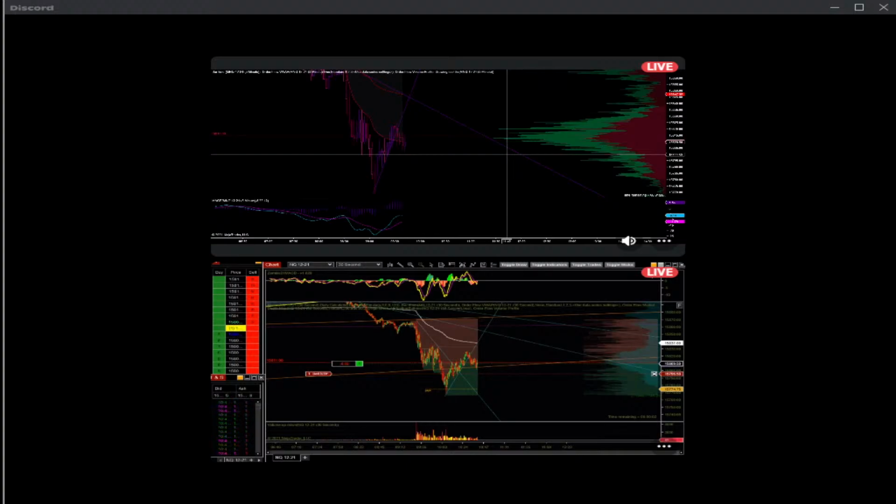And we might be doing the consolidation like to the left side, you know? So we'll see.